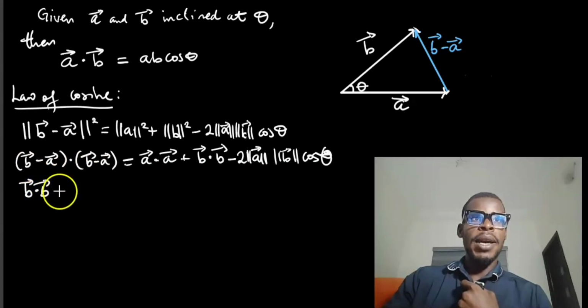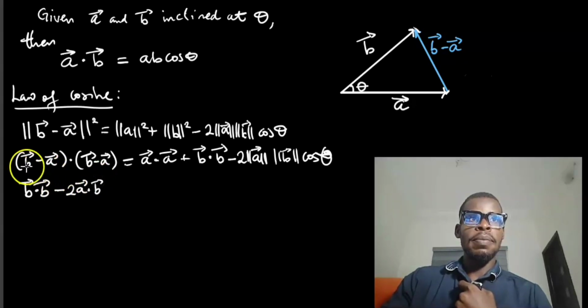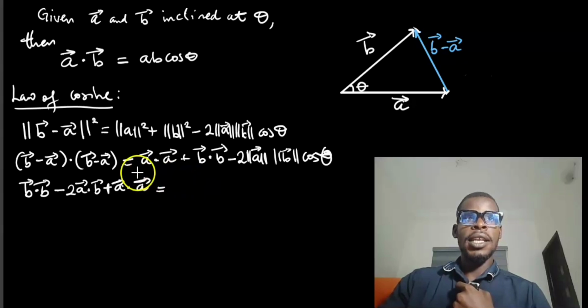Then minus, we can easily see that to be minus 2a dot b. So that is b dot b, then you multiply that as minus a dot b, then minus a dot b, that's minus 2a dot b, then plus the vector a dot a with itself. That's just by distributing the left hand side, and then I'll still write down the right hand side, that is the following.